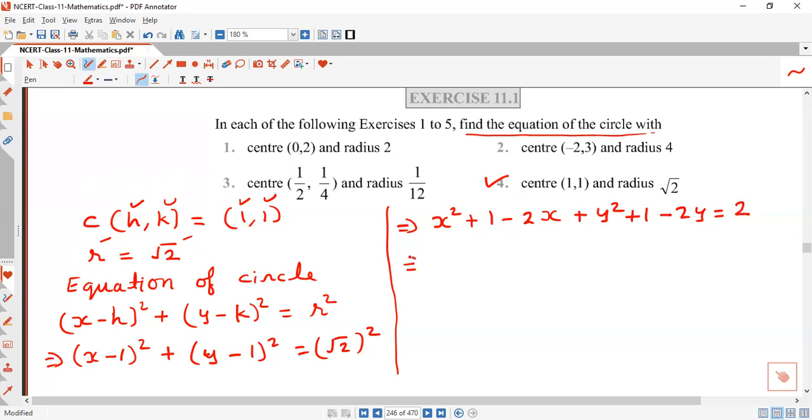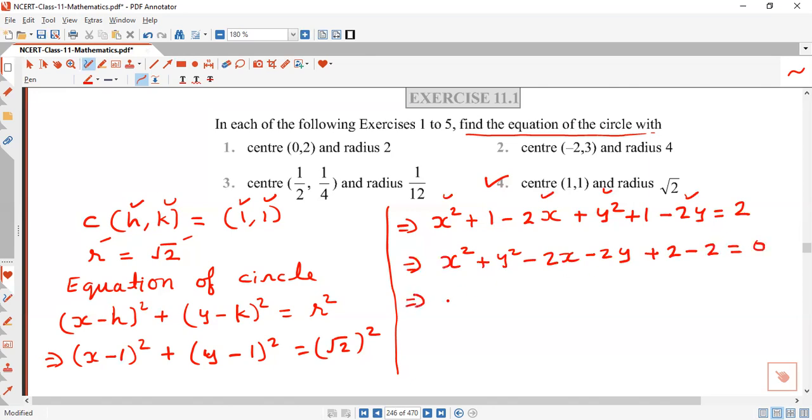So simplify, taking all the elements to the left hand side. First we write the x square terms, then the y square terms, then the x term, minus 2x, then the y term, minus 2y. Then the constants: plus 1 plus 1 is 2, minus 2, equals 0.